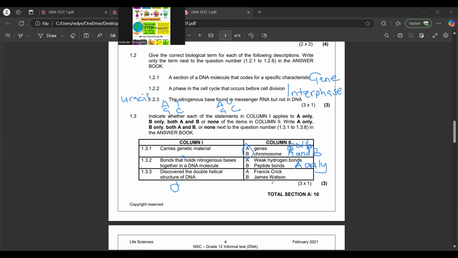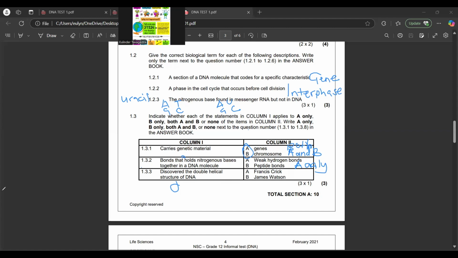Then discovered the double helical structure of DNA. We have Francis Crick, James Watson. What is our answer there? The answer becomes both, Francis Crick and James Watson, because they developed the DNA model using the images from Rosalind Franklin.